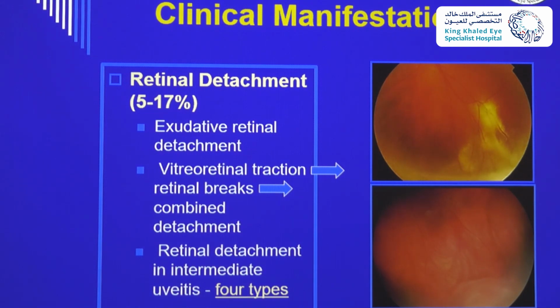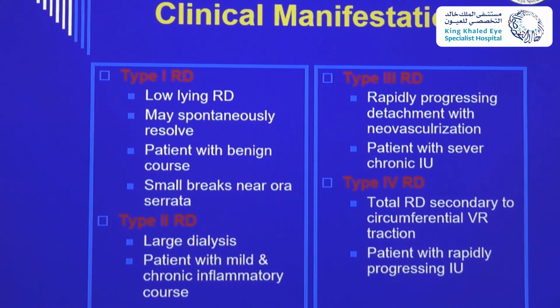Retinal detachment is not unusual, in 5 to 15% of patients, with any type of retinal detachment, either exudative or traction, or even sometimes some sort of combined types. We divided the RD in patients with intermediate uveitis into 4 categories, as you see here.